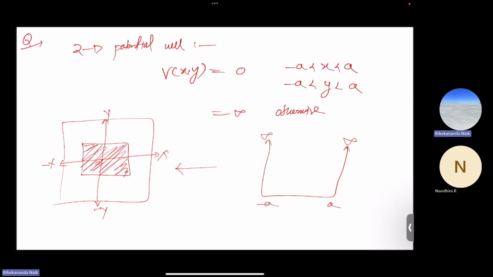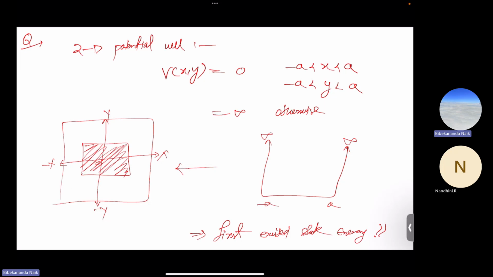Now we need to find out the energy of this potential. What energy? The first excited state energy. So what will be the first excited state energy of this particular type of well?